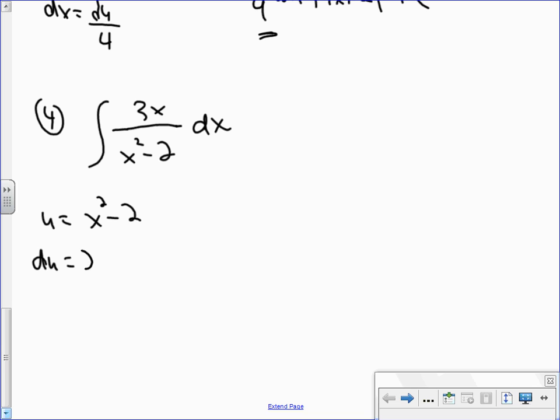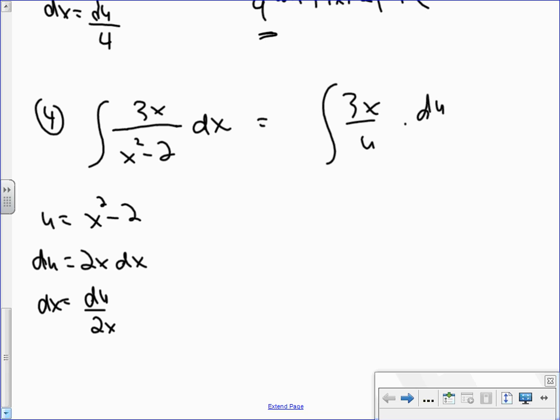And du then is 2x dx. And is that going to work for us? Yep. That's a 3, this is a 2. We're going to end up with some constant multiplier on the outside to make it work right. Sometimes I can do it in my head, and sometimes I have to actually write it down.